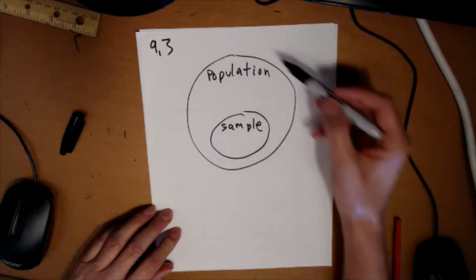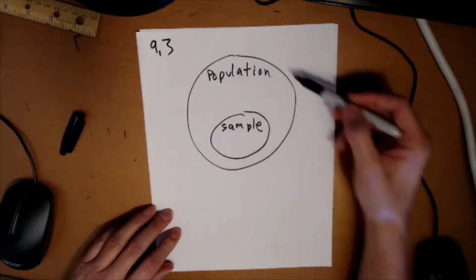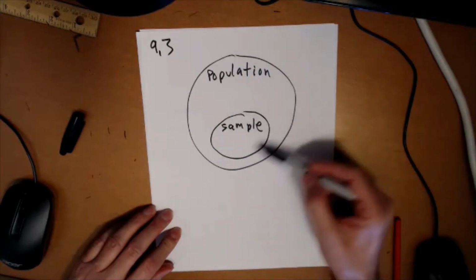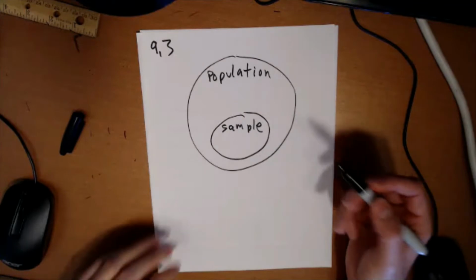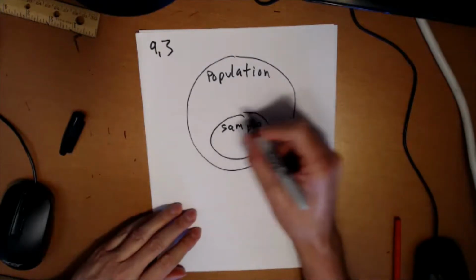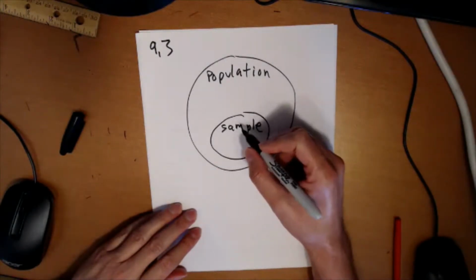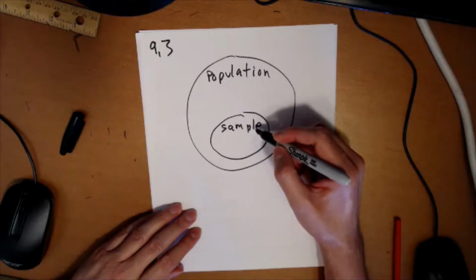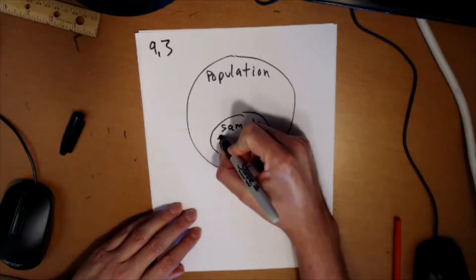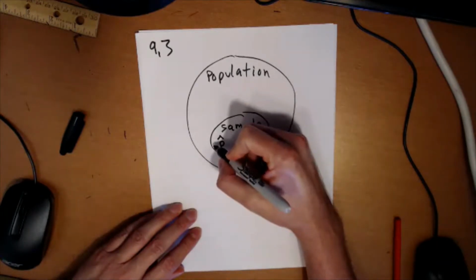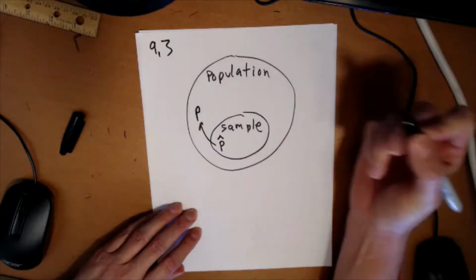There's a population of interest. We can't talk to everyone or everything in the population, so we take a subset of the population and look at a sample. Hopefully there's no bias. Remember, numerical descriptions of a sample are called statistics. So if we look at the sample proportion, p hat, we're hoping that p hat is a good approximation to p.